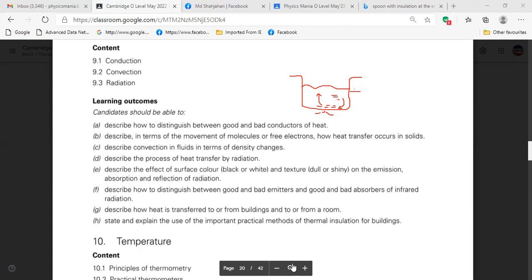Radiation is the process in which heat is transferred without the help of any medium, neither solid nor fluid. Only heat is transferred directly, without the help of any medium. This process is called radiation.